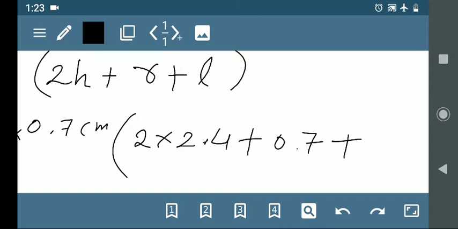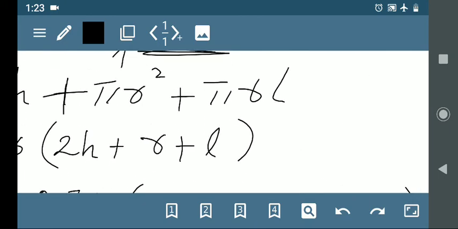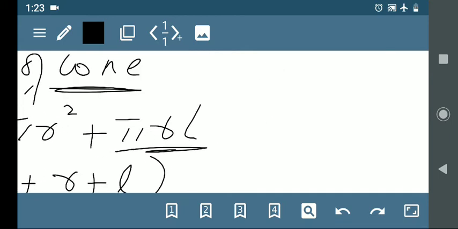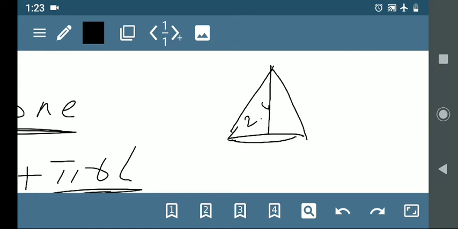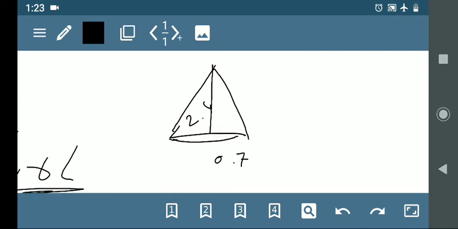Okay, first let us calculate the slant height of the cone. We already have the height of the cone, which is equal to the height of the cylinder, that is 2.4, and we have a radius of 0.7. So slant height L is equal to root of h square plus r square.